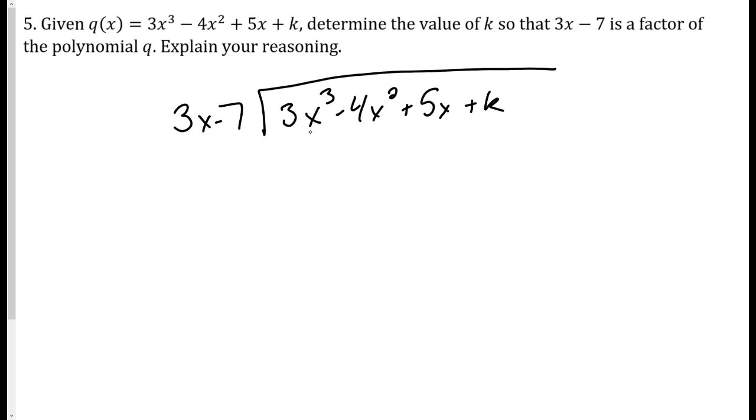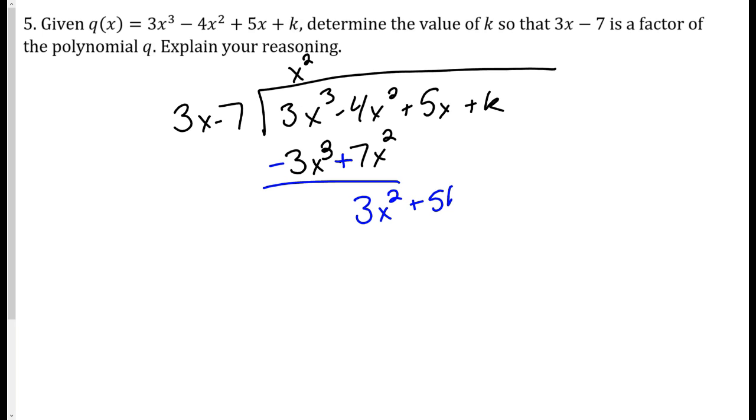So what times 3x gives me 3x cubed? X squared does. X squared times the whole divisor, 3x squared minus 7x, 3x cubed minus 7x squared. To subtract, we're going to change the signs, and we get 0 plus 3x squared.